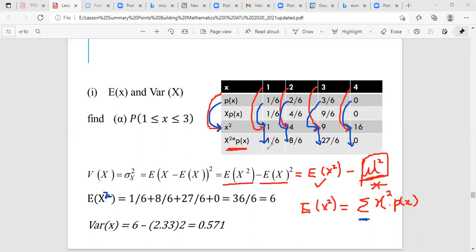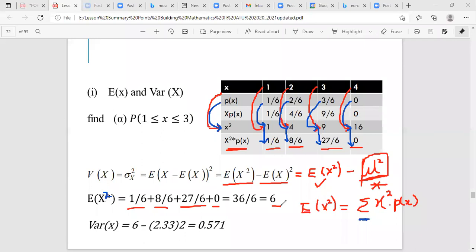So we bring the terms 1/6, 8/6, plus 27/6, plus 0. When we do that calculation on your calculators, 1 plus 8 is 9, plus 27 is 36. So 36 over 6 gives us a value of 6.